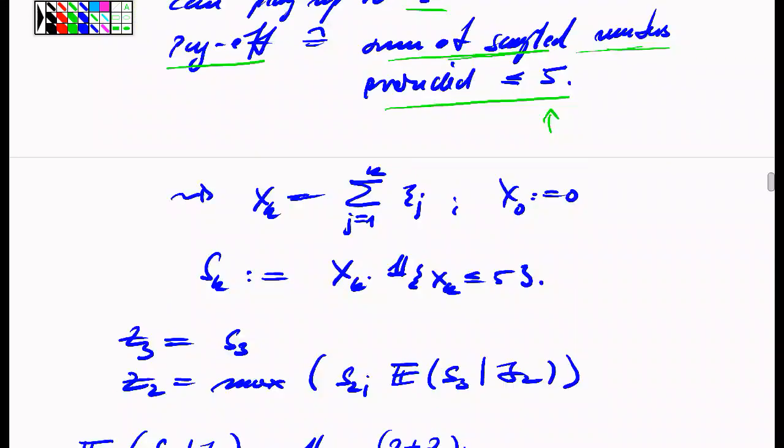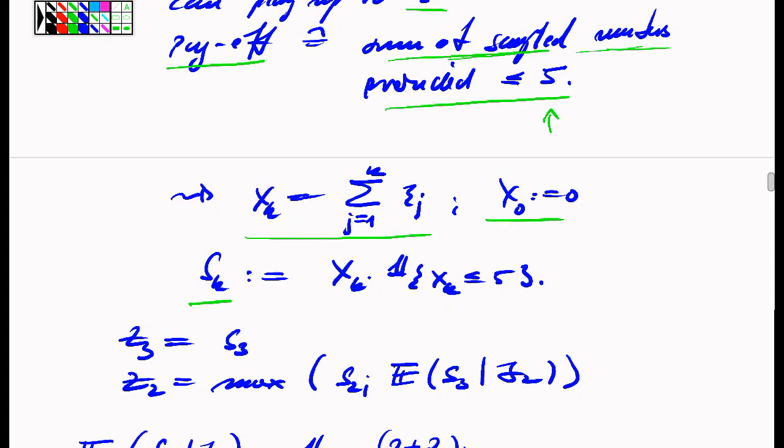So we introduce x_k, which is just the sum of the sampled numbers. So for k equals 2, this is just the sum of the first two sampled numbers, and we define x_0 to be 0.